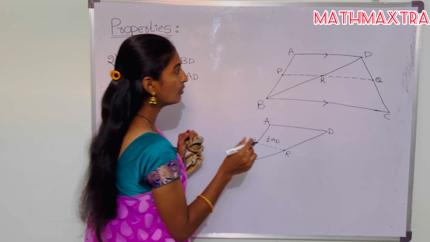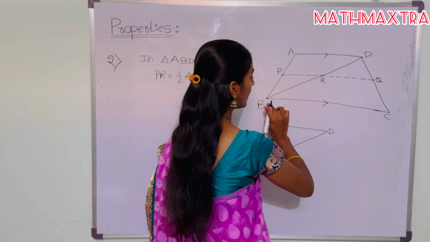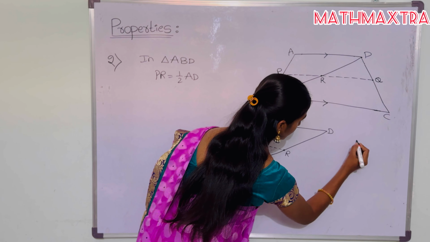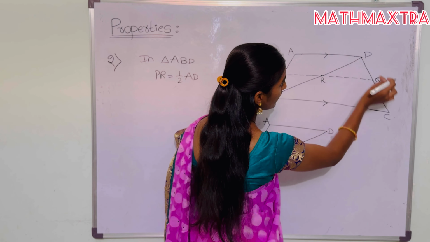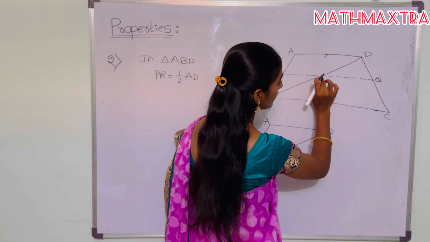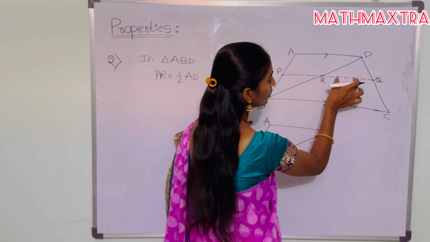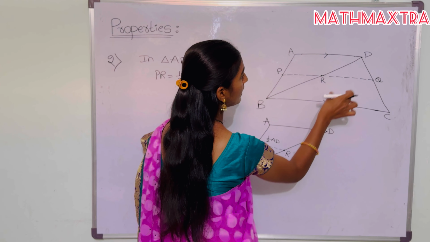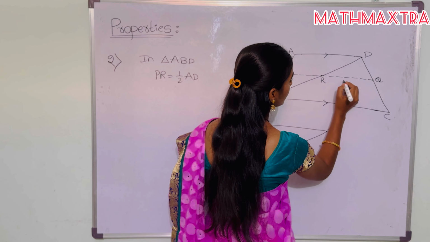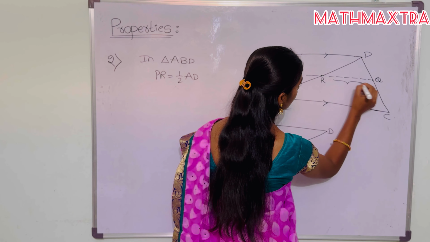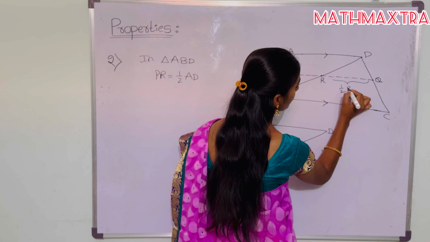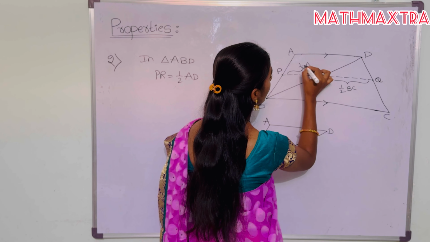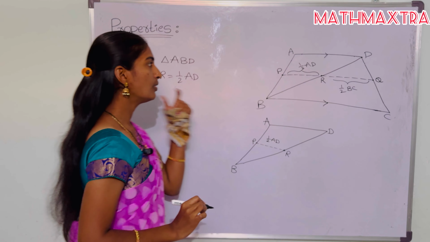Now you consider triangle BCD. This is a midpoint of this side and this is a midpoint of this side. I am joining this. So this is exactly parallel to BC as well as exactly half of it, right? So that is why RQ is equal to half of BC and PR is equal to half of AD.